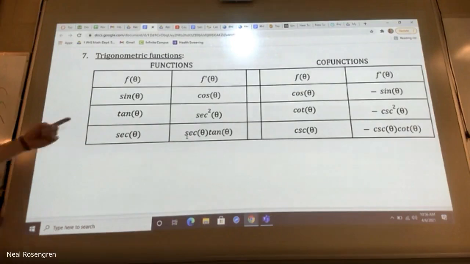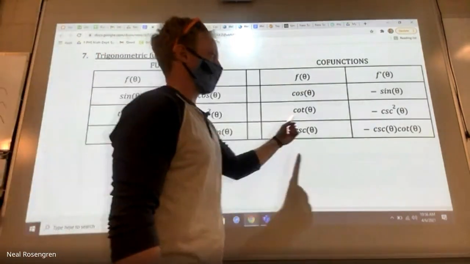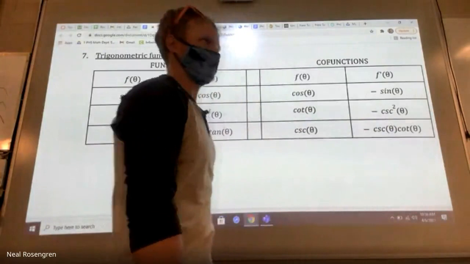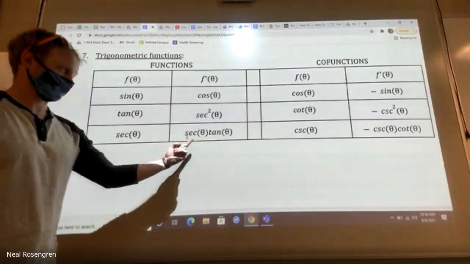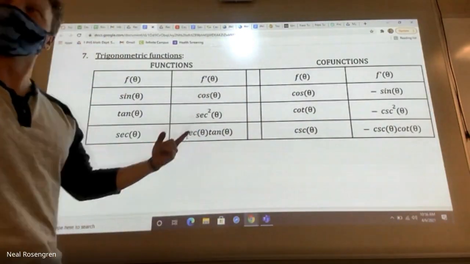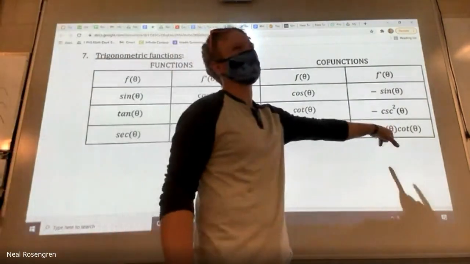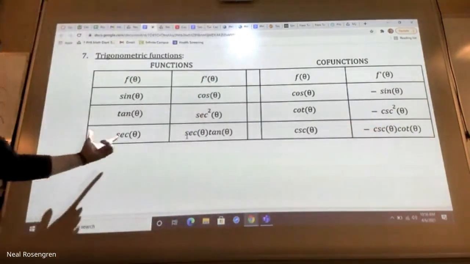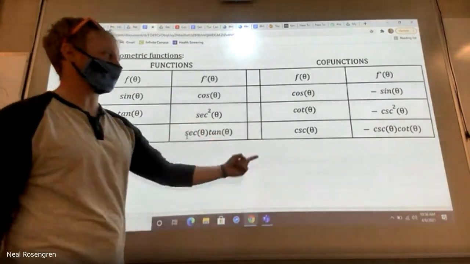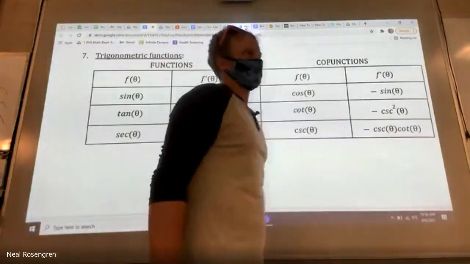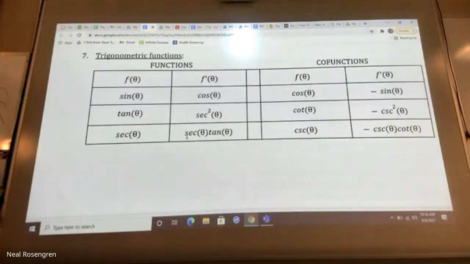Tangent is secant squared. Sort of, because secant and cosecant aren't reciprocals of each other. But secant, look, no cofunctions here. Cosecant, cofunction, negative cofunction. So you really only have to know 3 of them, and then you'll know the other 6.